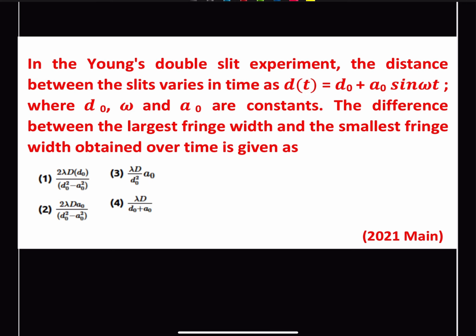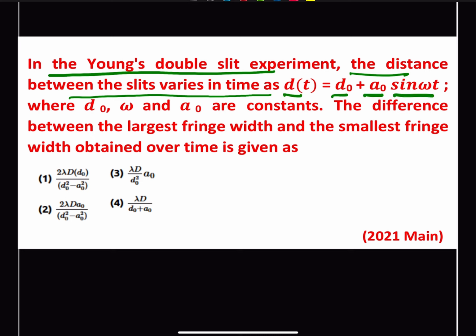It states that in Young's double slit experiment, the distance between the slits varies with time as d(t) is equal to d naught plus a naught sine omega t, where d naught, omega, a naught are constants. The difference between the largest fringe width and the smallest fringe width obtained over time is given as.